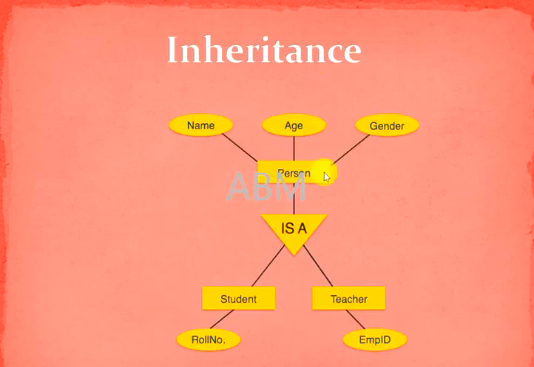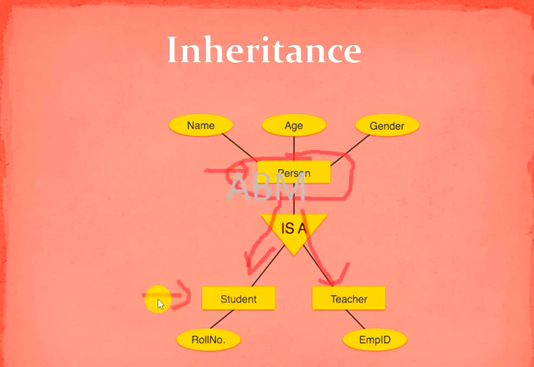And in inheritance, the person's characteristics, their properties, are taken by the child entities. For example, the person is a general entity and the student is a specialized entity. Here the person may have the name, age and gender, but all these characteristics, all the properties, attributes of the person are copied by the student.